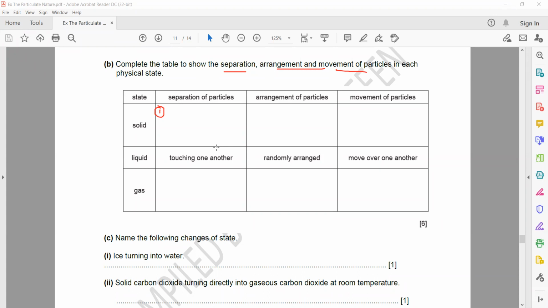If you mention vibration, vibration is a movement here. That's a motion, movement. So in short, we can say the particles are packed together and touching each other. You don't say the particle does not move. So the first answer for separation of the particles is touching each other.